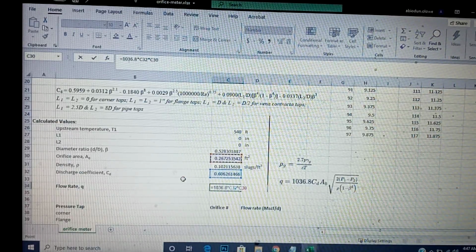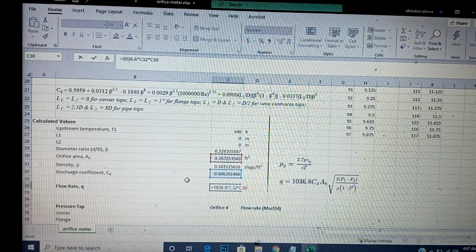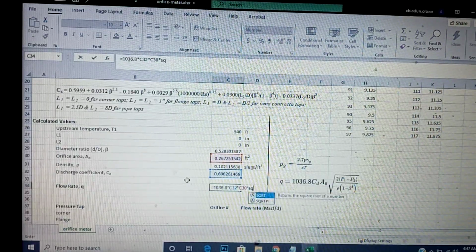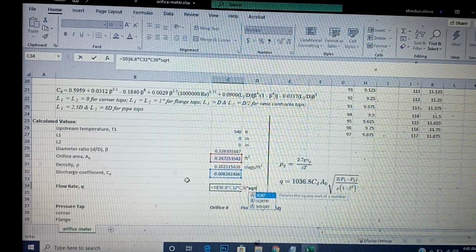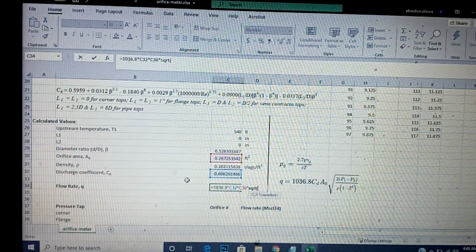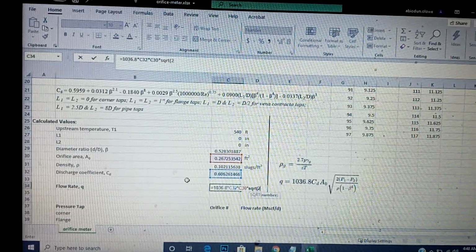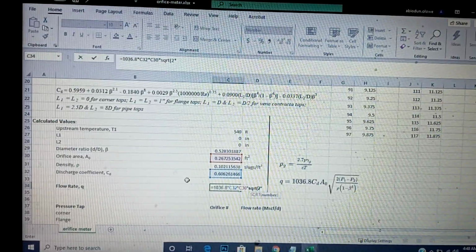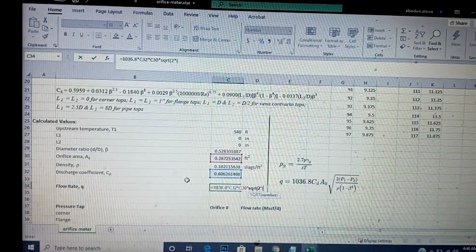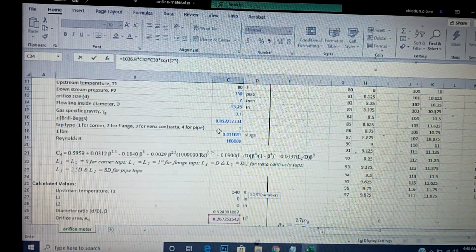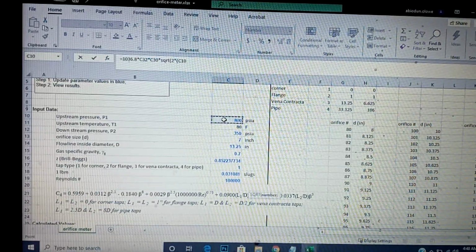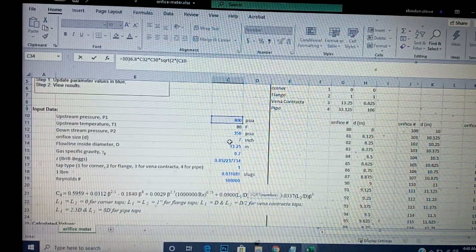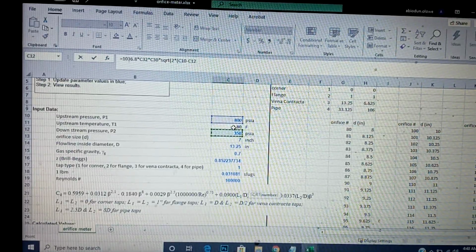I click on that, then multiply by square root, SQRT. I open a bracket, then 2 multiply by, I open another bracket, P1, I go up, P1 minus P2, I close the bracket.